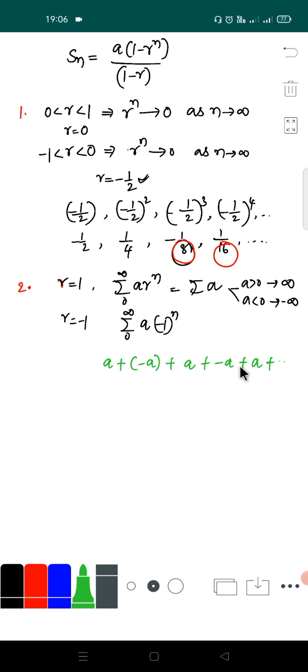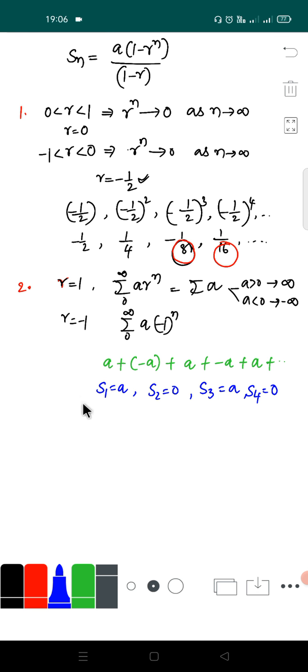We can investigate this using the sequence of partial sums, but by now you must be capable enough to see this is an oscillatory sequence. S1 is a, S2 is 0, adding up two terms. S3 is a, S4 is also 0, so it is oscillating between a and 0. So when r is -1, the series is oscillating.